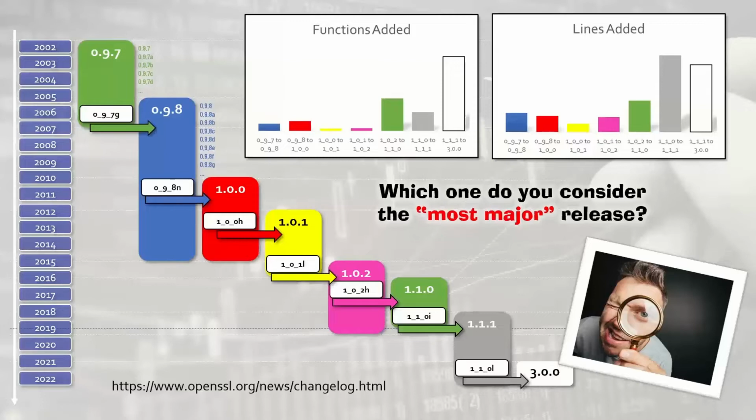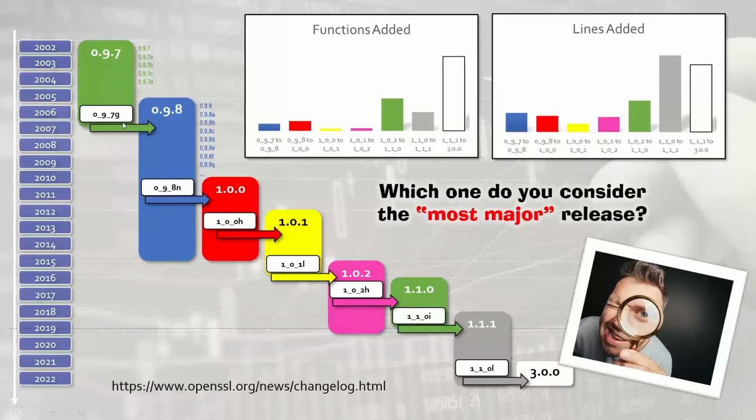So version 9.8, for instance, when it was first released, corresponded to 9.7G. Same thing for 1.0, which first came as 9.8N. And we have seen earlier that 1.1, Heartbleed, corresponded to 1.0.0H. So to get a fair idea of how big a release was, you don't compare 9.7 to 9.8. You want to compare 9.8 to 9.7G, right?